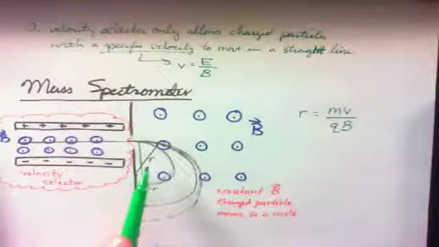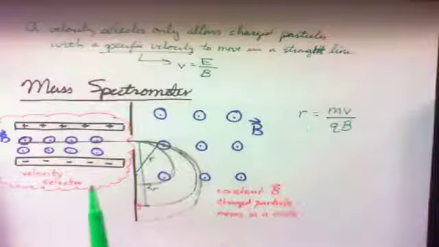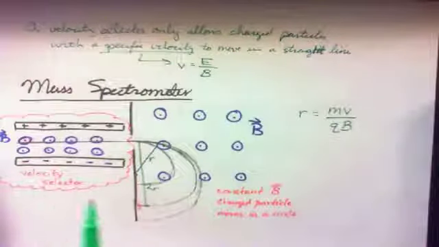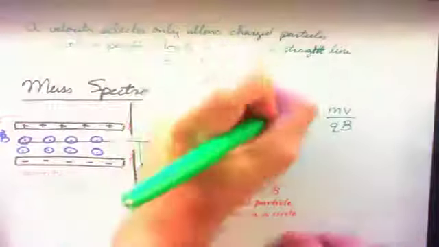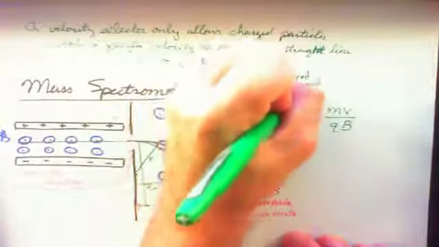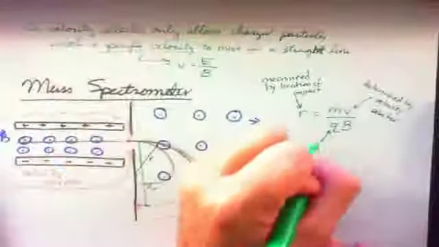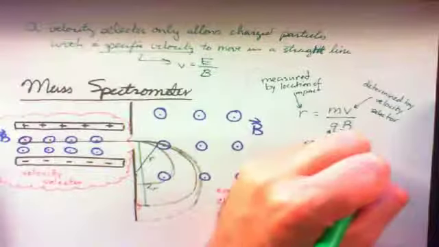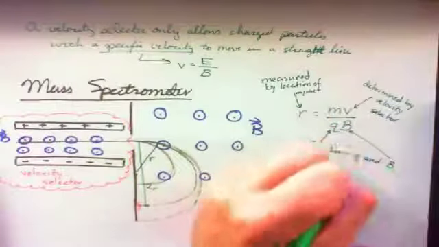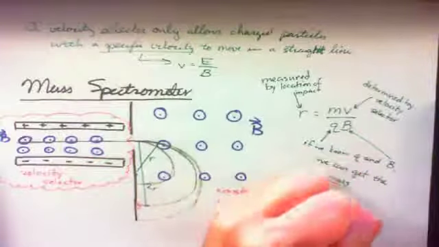If we know R, and if we know the velocity, because they went through that velocity selector, so they must have v equal to E over B, and if we know the charge on them, and if we know the strength of the magnetic field, we can calculate the mass.